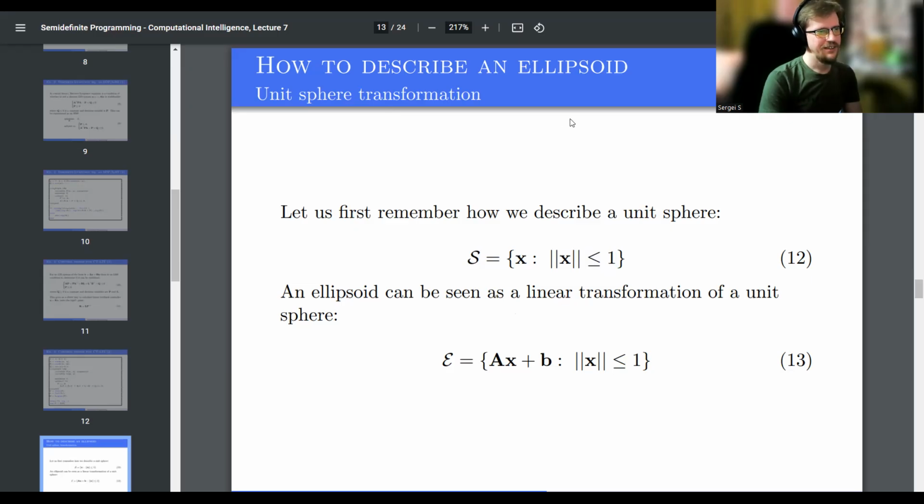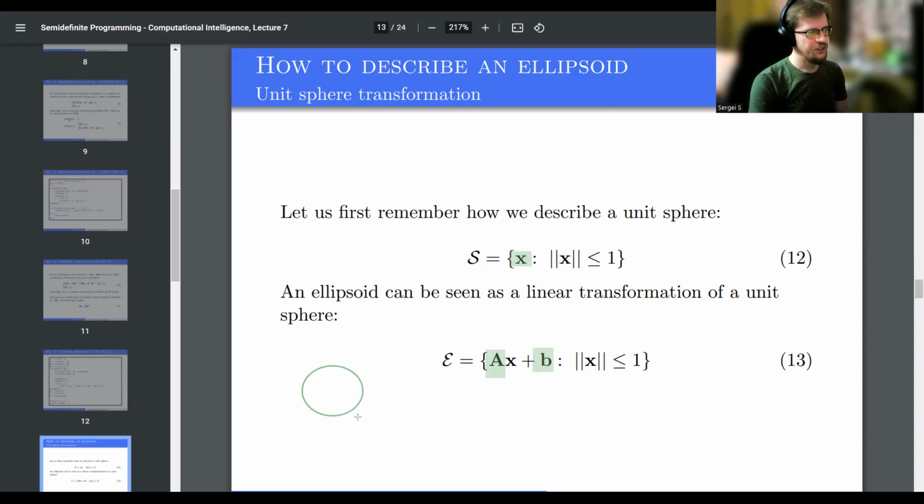What do we mean by that? Well, we take a unit sphere, we multiply it by matrix A, shift it by vector B, and a matrix, remember, is a rotation, stretching, rotation in general.